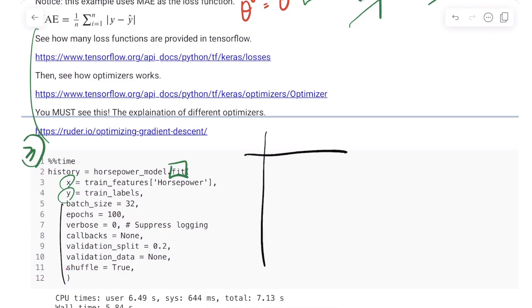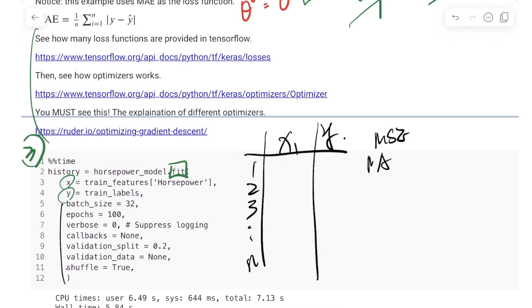The first thing you need to know is that for MSE or MAE, we use all the data points in the training data set to calculate MSE or MAE.